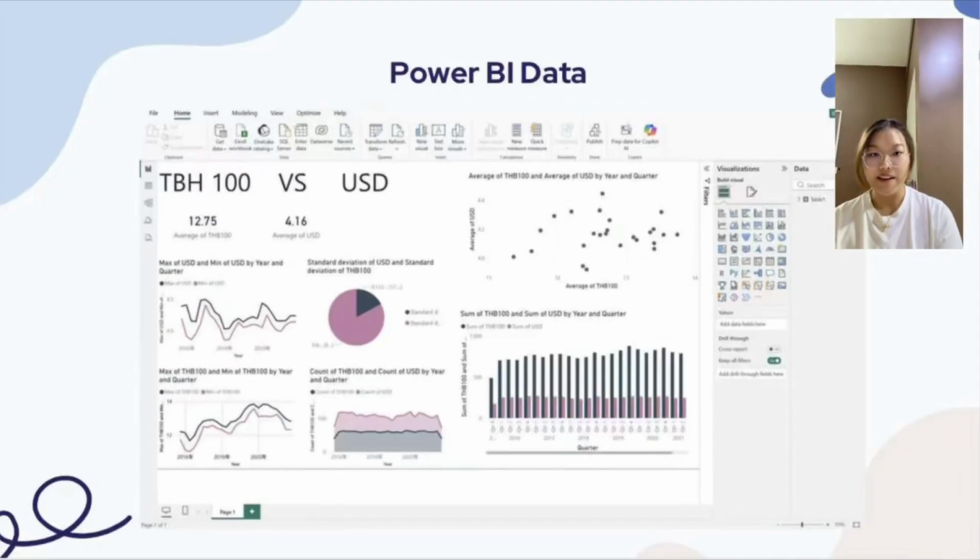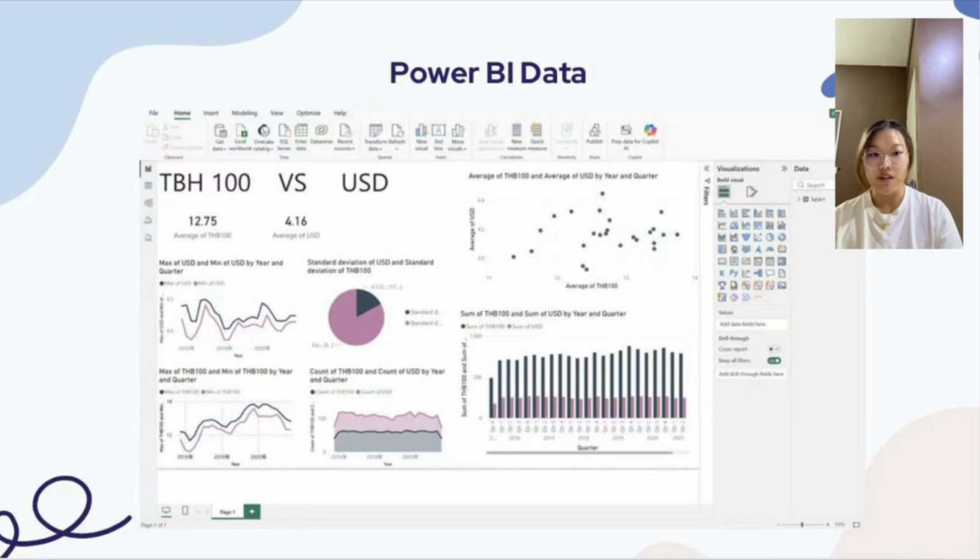Our Power BI analyzes the market performance of 100 Thai baht and USD from 2016 to 2021. First, let's look at the core data. The average price of 100 Thai baht is 12.75, while the average price of USD is 4.16.